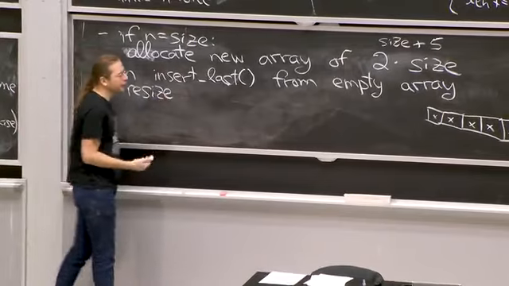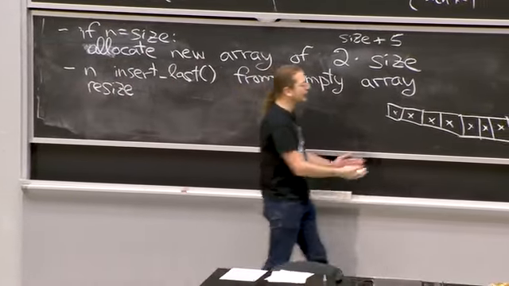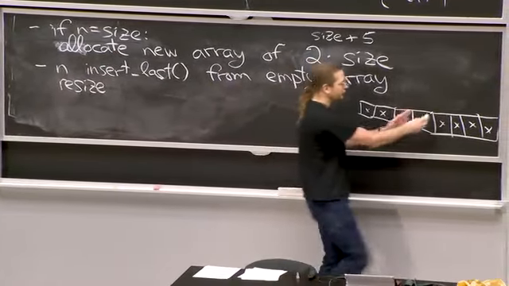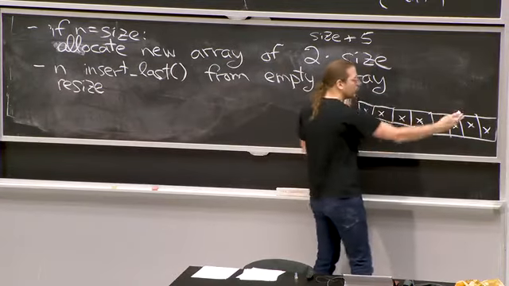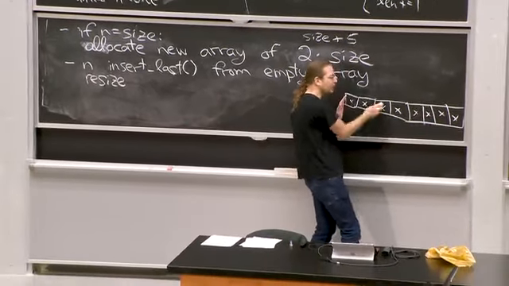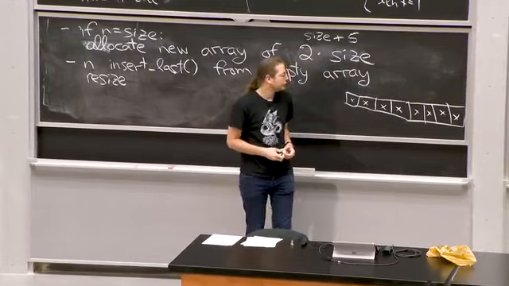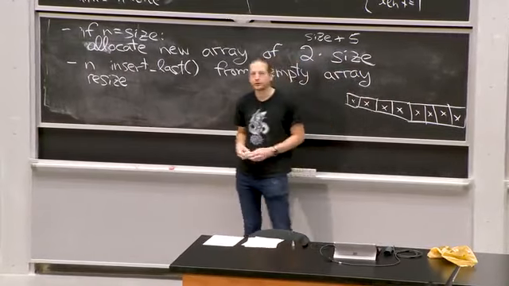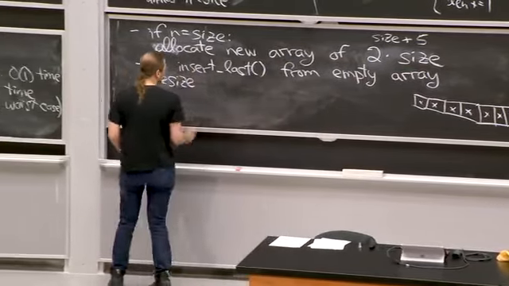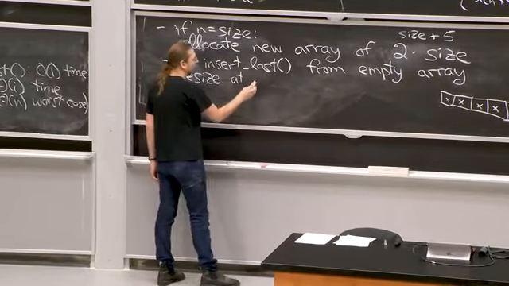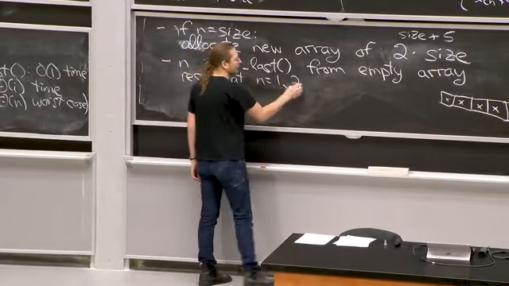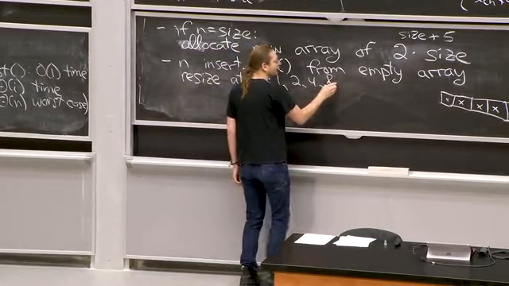Again, resizes are expensive, both because we have to pay to allocate the new array, I drew it as just extending it, but in fact we're creating a whole new array, and then we have to copy all of the items over. So there's the allocation cost and then the copying cost. It's linear either way. We're going to resize at n equals 1, 2, 4, 8, 16.